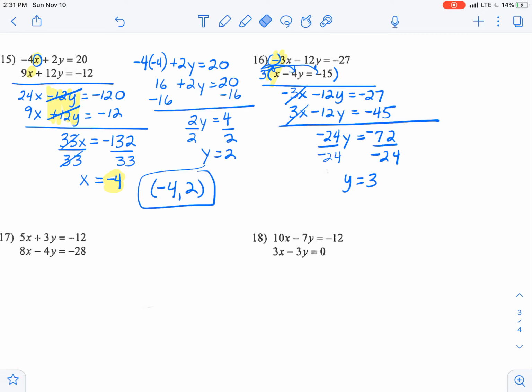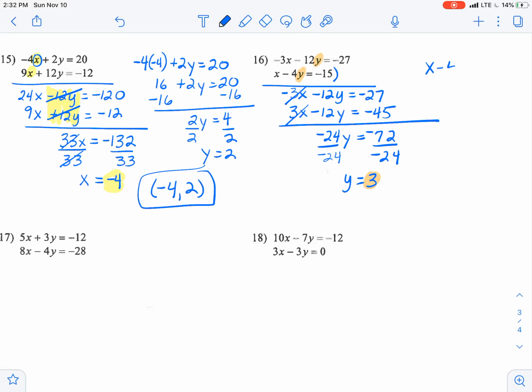Now, what do you do after that? Hopefully your answer is I'm going to come back up to my original equation, and I'm going to put that 3 for the y. Now, in this case, I could put it here or I could put it here. I personally think the second equation this time looks the easiest, so I'm going to go with the second equation.